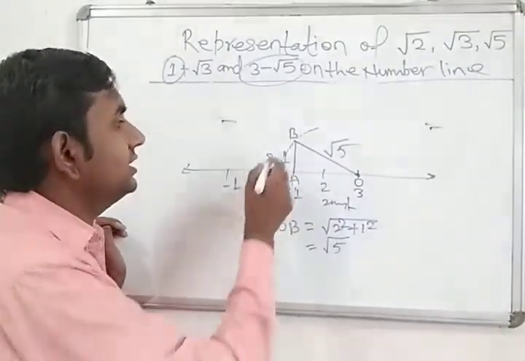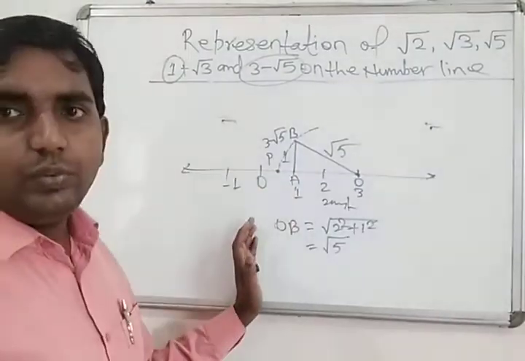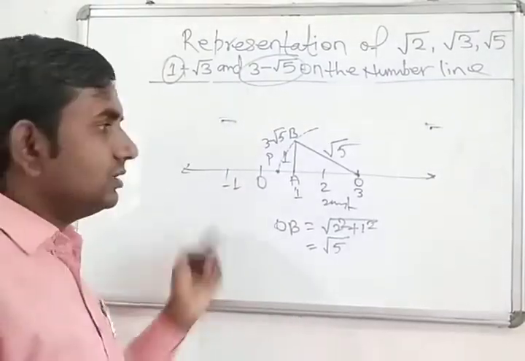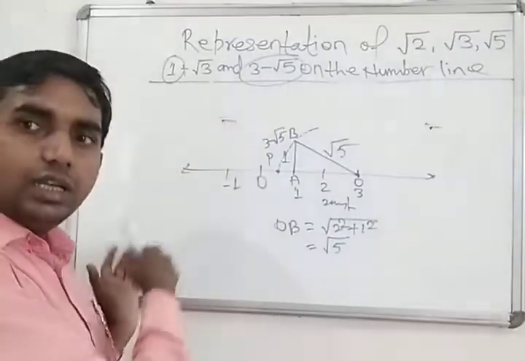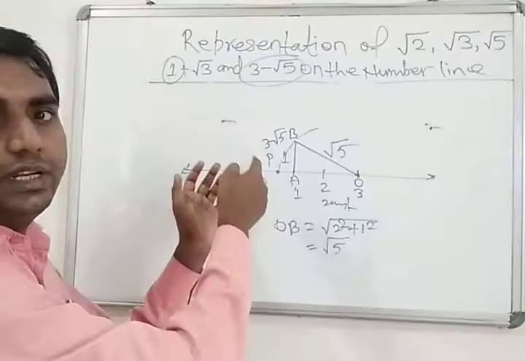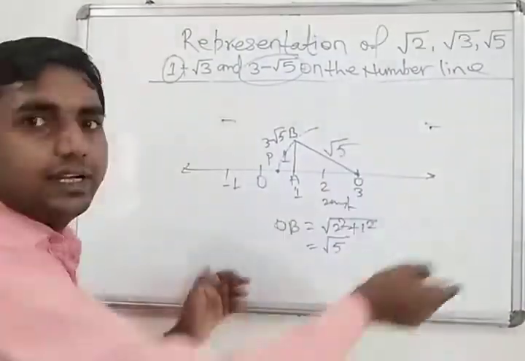This point indicates 3 minus under root 5. Okay, so in this way we can represent in the form of subtraction and in the form of addition on a number line. If you want to subtract, then we do all these things on the left hand side after taking the point, and if you want to add, then we construct on the right hand side.